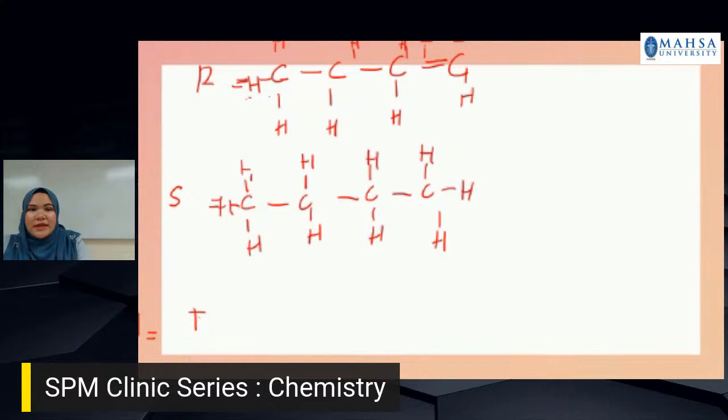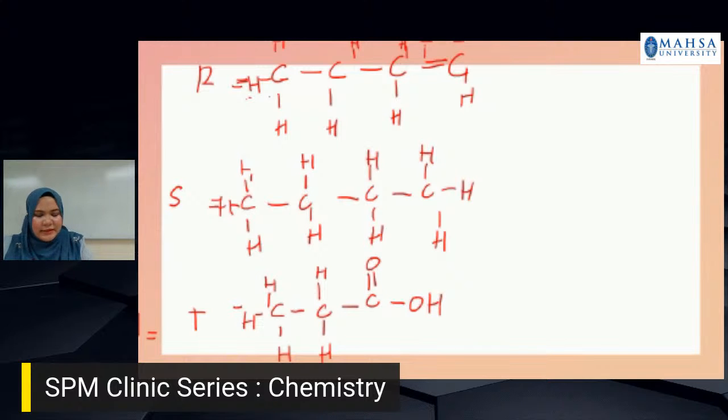So H2 gas means that a carboxylic acid reacts with metal, and it will produce salt together with H2 gas. So how to draw the structure? You need to follow: carbon should equal 3. 1, H, H, H, C, H, C double bond O, OH.